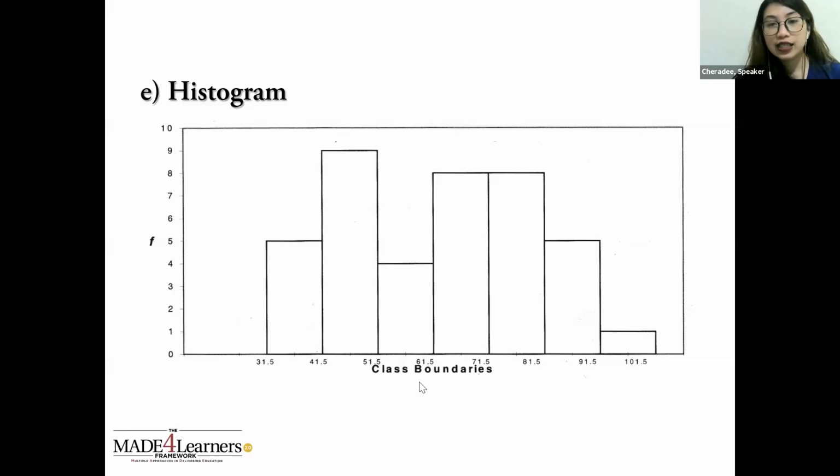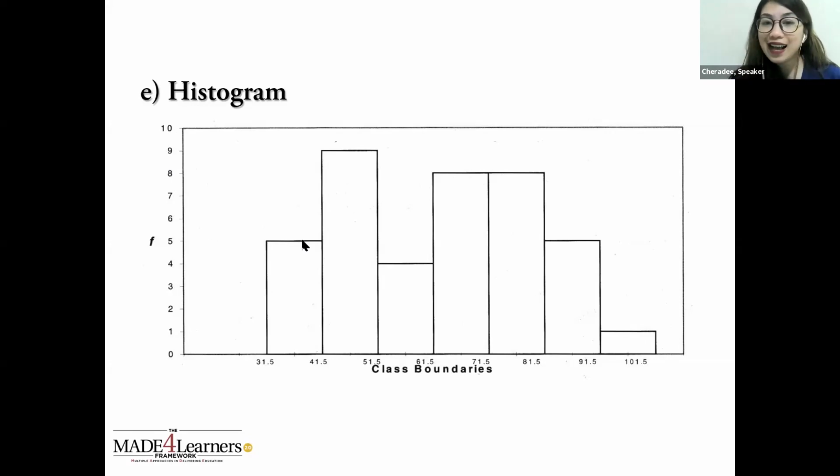Okay? So here, although this is not being mentioned, maybe F here means frequency, and the class boundaries are 31.5 to 41.5, and then from 41.5 onward, the frequency is 9. In between 31.5 and 41.5, that's 5.